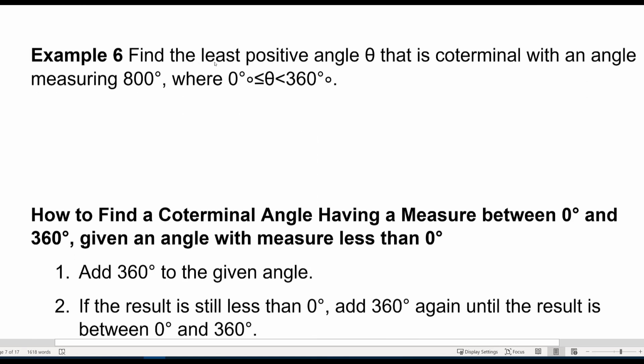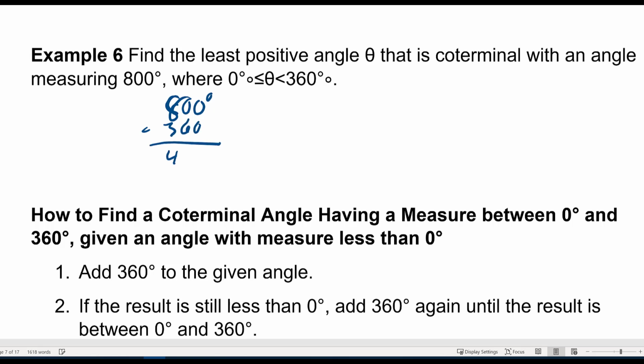Okay, so find the least positive angle theta that is coterminal with an angle measuring 800 degrees, where the angle we're discussing is between 0 and 360 degrees. So we take 800, subtract 360, and we get 440, I believe.